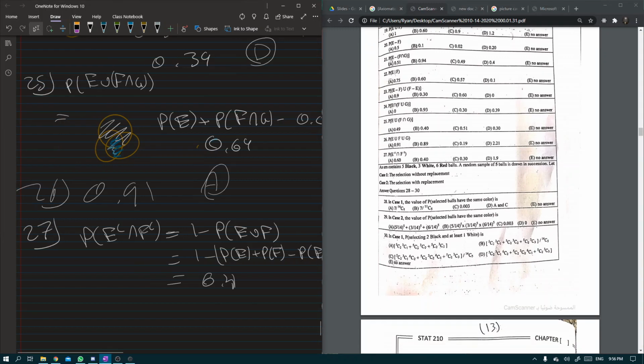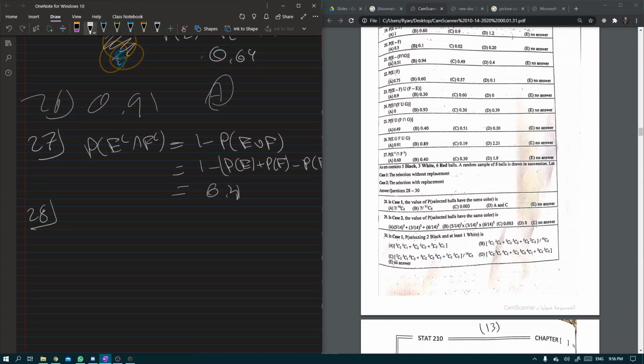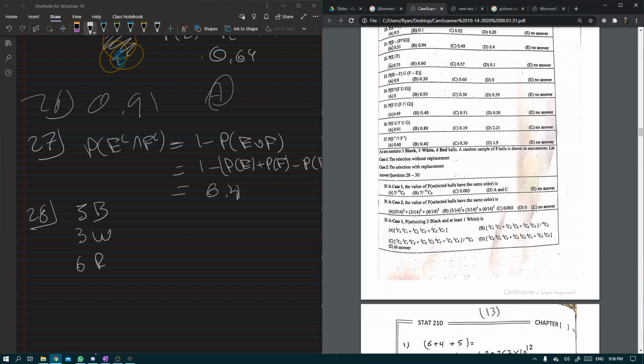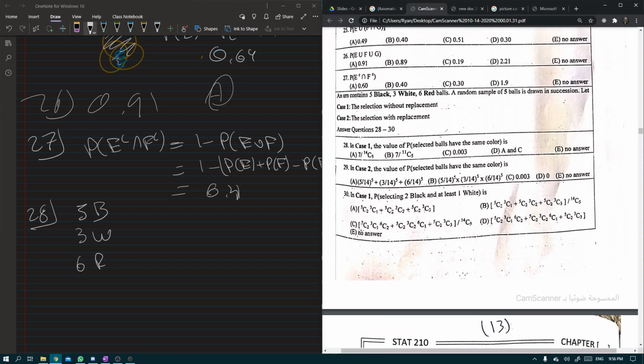Okay, so now number 28. Case 1. 5 black, 3 white, 6 red. Is it hard? It's easy, man. We could probably just do it. Value of P selected balls that have the same color.